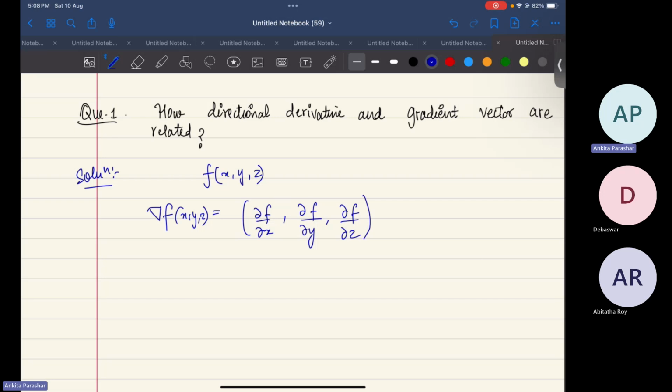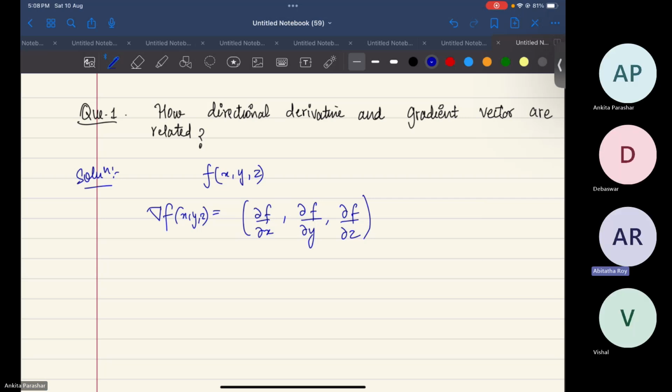And can we find the directional derivative with the help of this gradient? We take the dot product with the vector in whose direction we want to find the directional derivative. In the lectures it has been taught that del f dot u denotes the directional derivative, but it can also be seen if I write the vector u by norm of u.